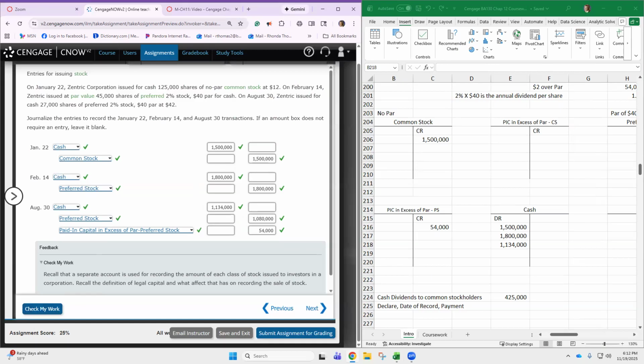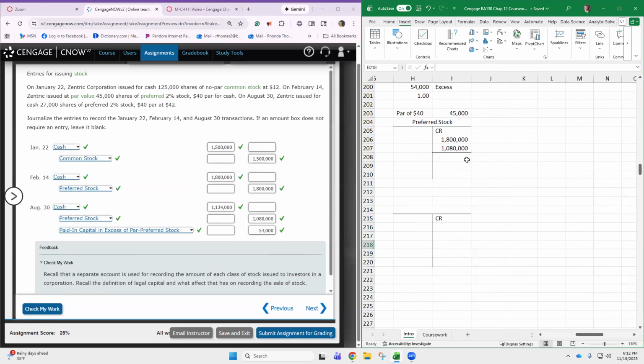Now, here's why we do this as accountants. Is everybody ready? I'm going to add up how much we have in our preferred account, right? I'm just going to add it up because we had two sales of preferred stock. We've got $2,880,000 in there. We sold 45,000 and then we sold 27,000 shares. So the total amount of shares for both of those is how many? 72,000 shares are sitting here, but you could figure that out if you wanted to.